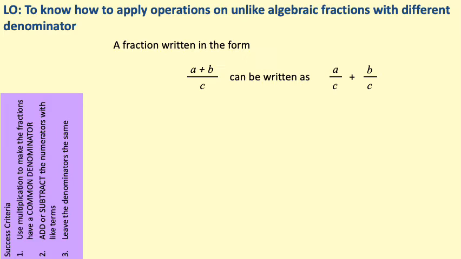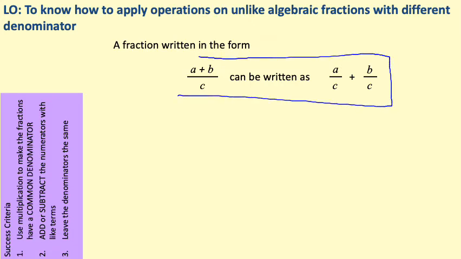So, a fraction can be written in the form a plus b all over c. I'd like you to make a note of this please, guys. That is allowed. We can break up our a and b and do them as 2 separate fractions.